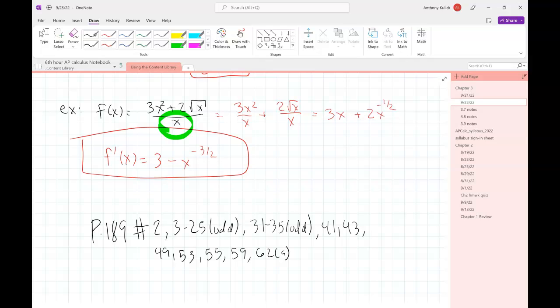So we'll spend more than one day on it. I'll do some examples from 3.9, and then you will have a day where you can just work together on some examples from 3.9, where you can ask me questions. So that'll be coming.